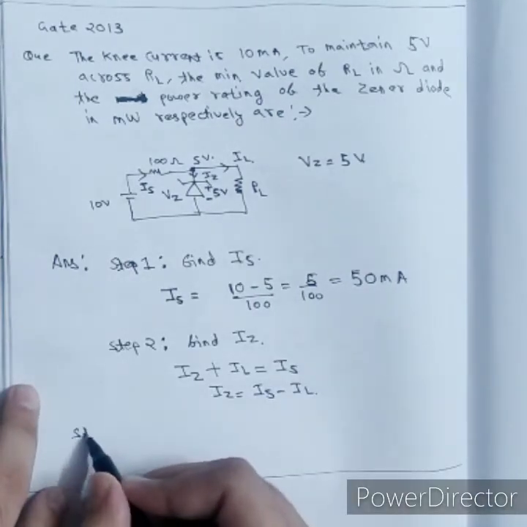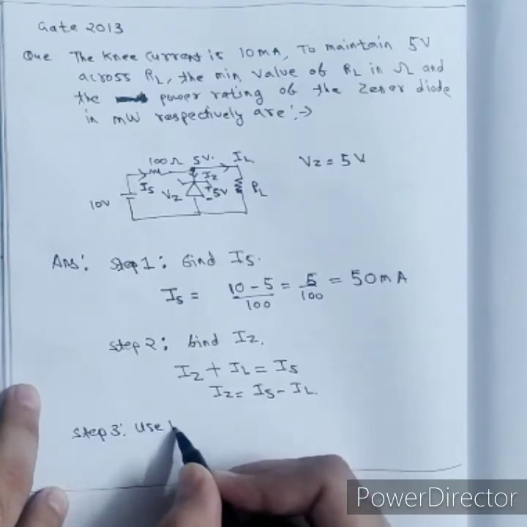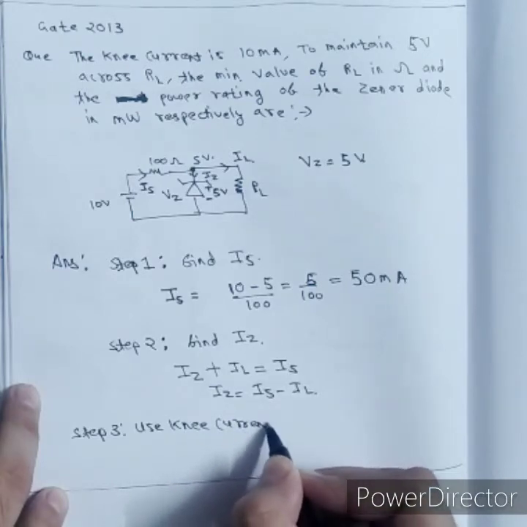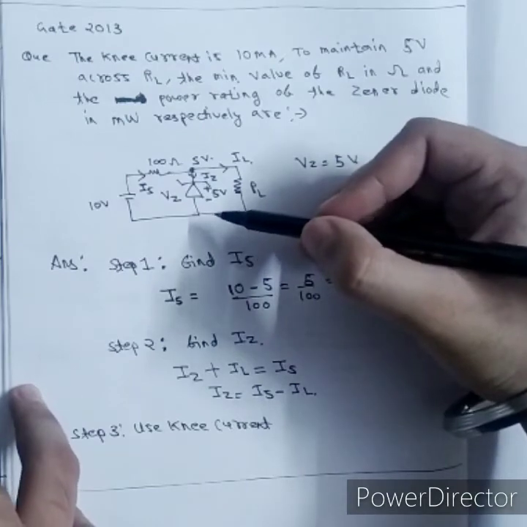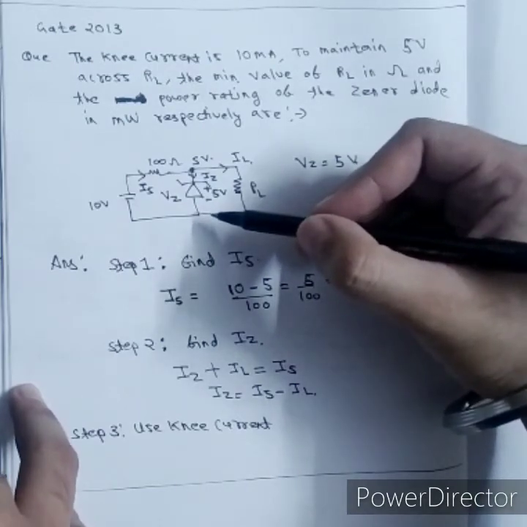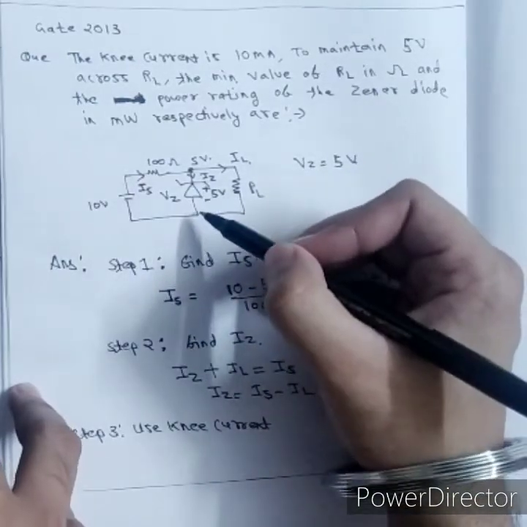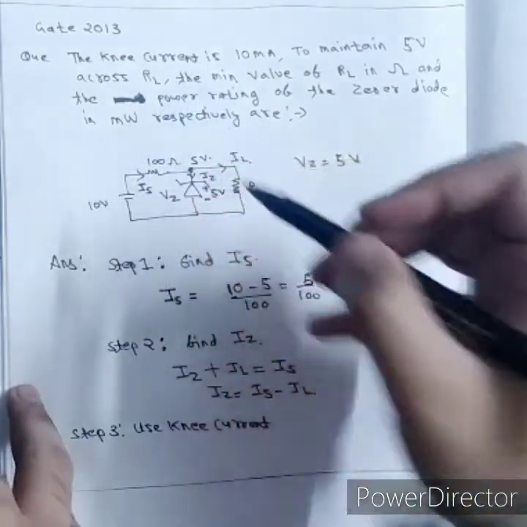Now step 3, use knee current. For this diode to behave in the reverse breakdown region, the minimum current which should flow through this diode should be 10 milliampere. The knee current of a diode is 10 milliampere.